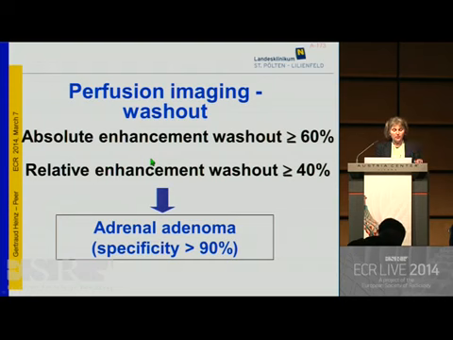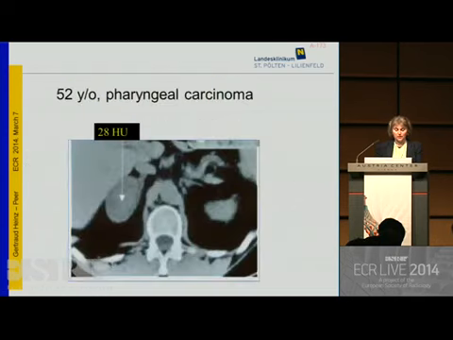What you have to know is the figures of the absolute and relative washout. If the absolute washout is above 60%, it's very likely that this lesion is benign, or if the relative washout is above 40%. So these numbers you have to keep in mind.